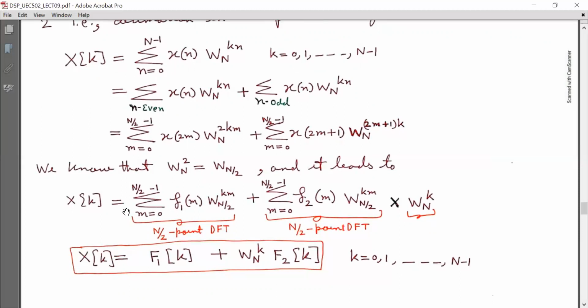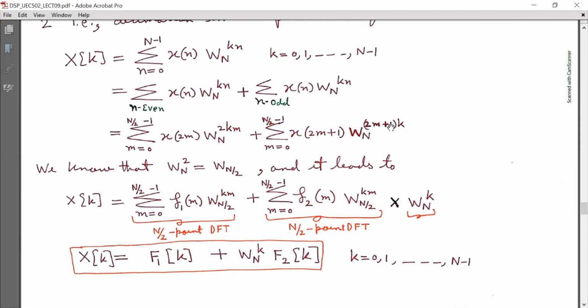So it leads to X(k) is equal to summation m running from 0 to N/2 minus 1 f1(m) W. Now this 2 can go, substituted here, N by 2. So W raised to power km with base N by 2, and summation plus summation m running from 0 to N/2 minus 1 x(2m+1) W raised to power km with base N by 2, into W_N raised to the power k.